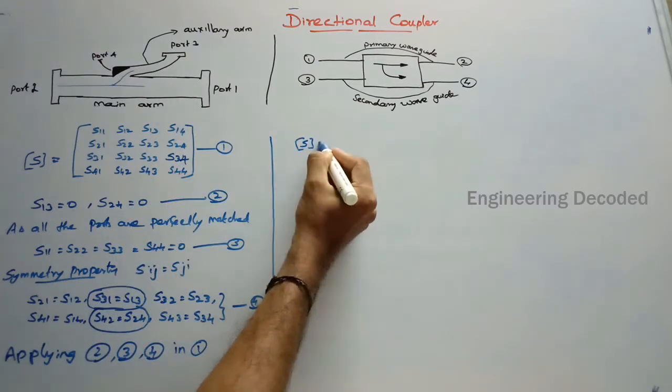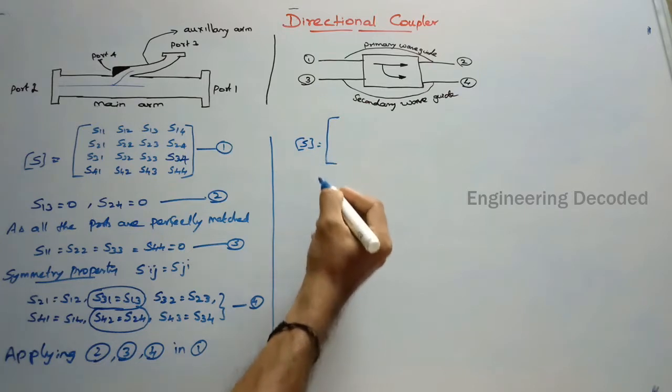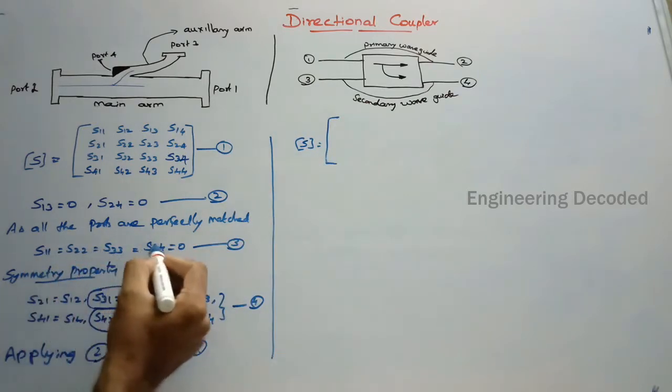So S is equal to S11, S22, S33, S44, they are 0.